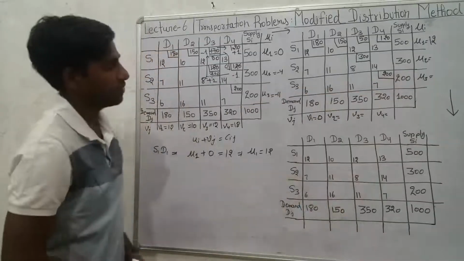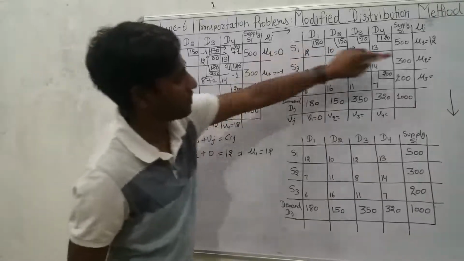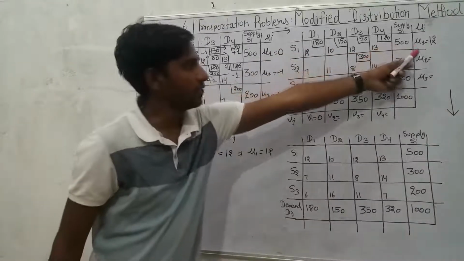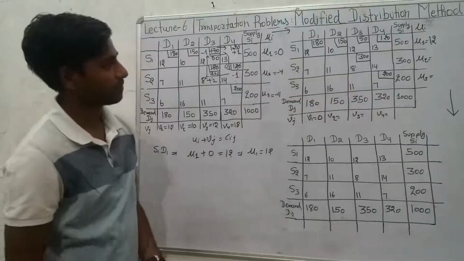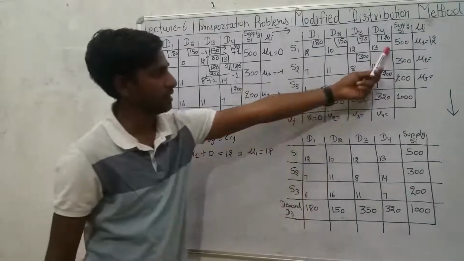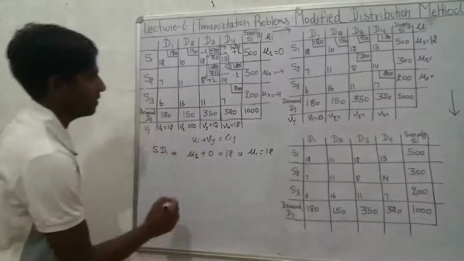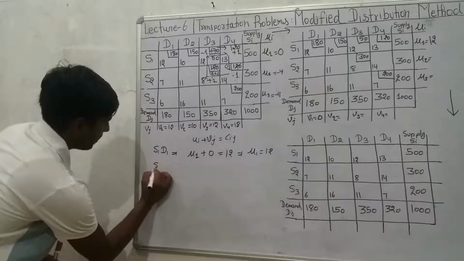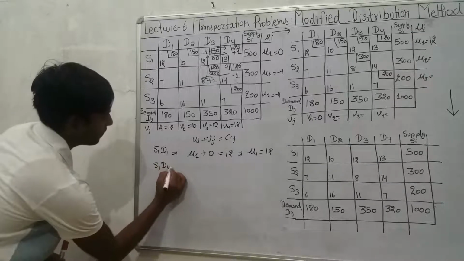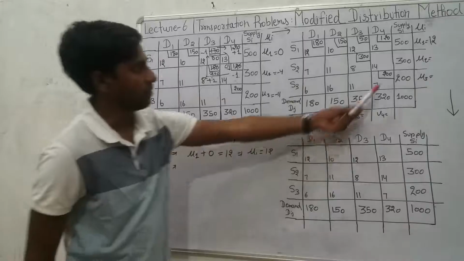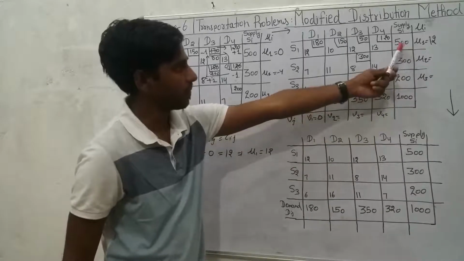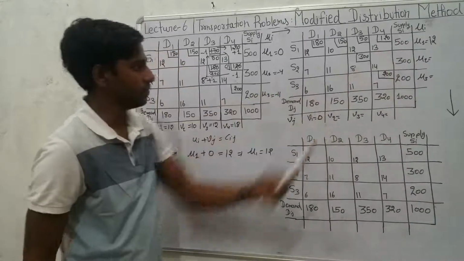So now we should shift to the first row. In the first row, look at the occupied cells. Where are the occupied cells? The occupied cell is S1D4. For this particular row, what is the value of u? It is 12.